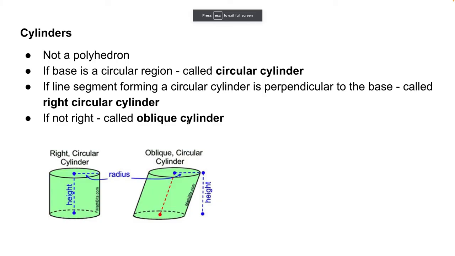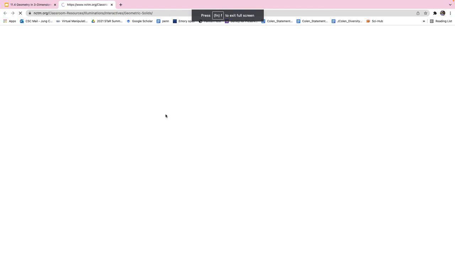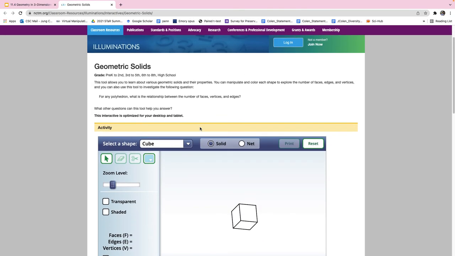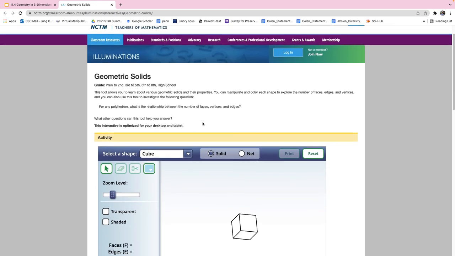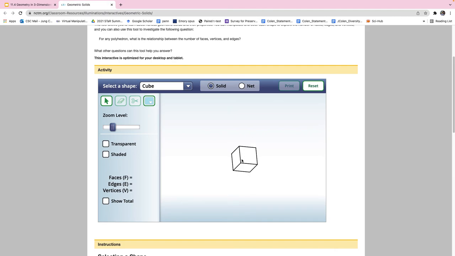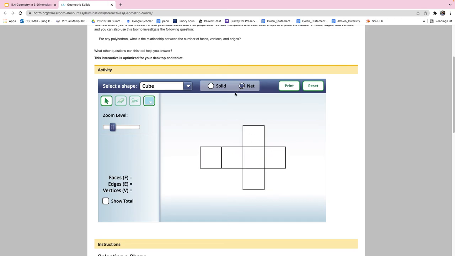Okay, now let's talk a little bit more about the nets. I'm going to show you geometric solids here in Illuminations of the NCTM website. It's pretty cool. So we are given the solid here. This is a cube, and the net of the cube, ta-da! It shows, right?